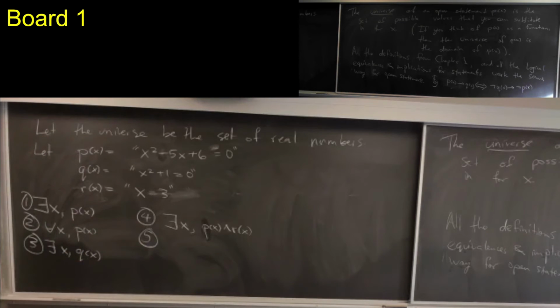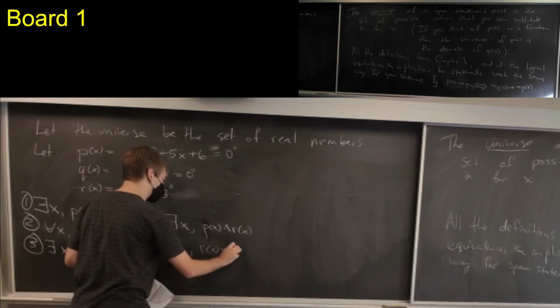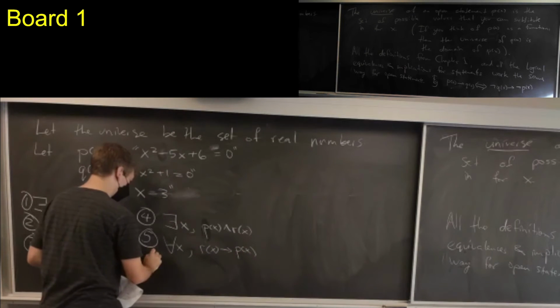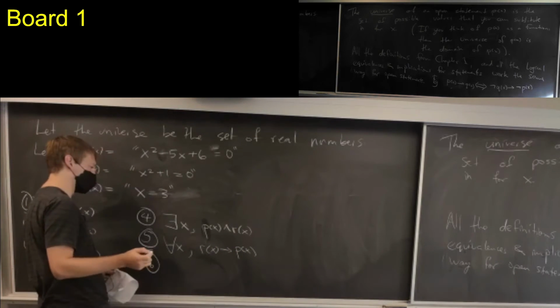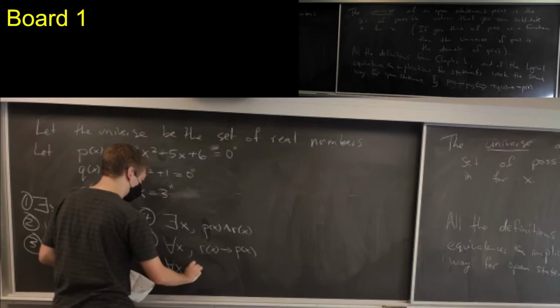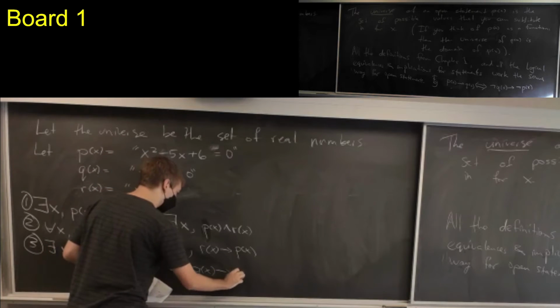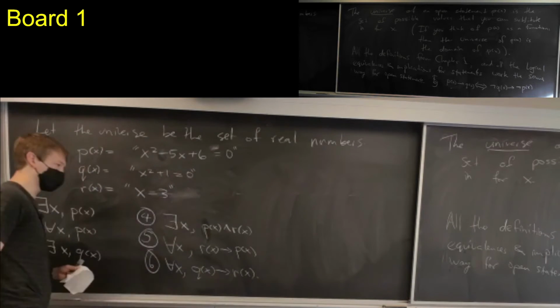And how about for all x, R(x) implies P(x)? Things are getting a little bit more complicated. And let's say for all x, Q(x) implies R(x). Okay, lots of examples here.